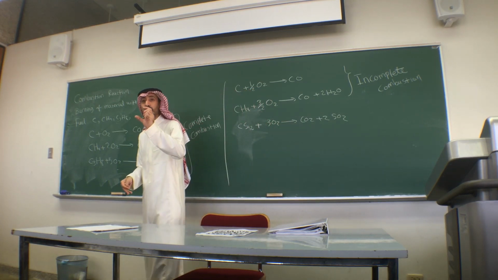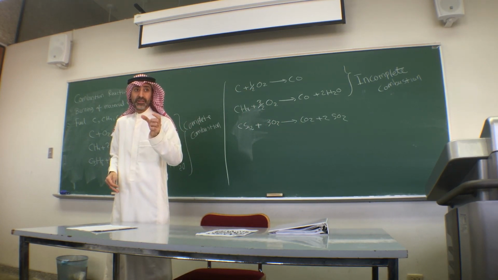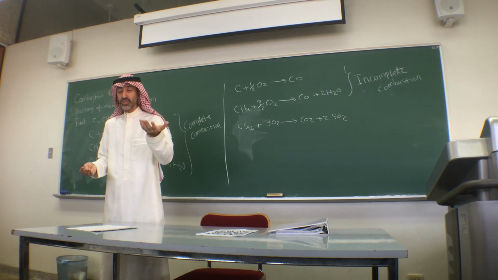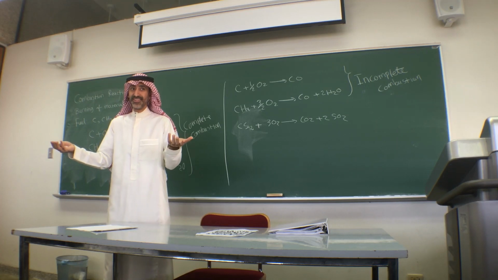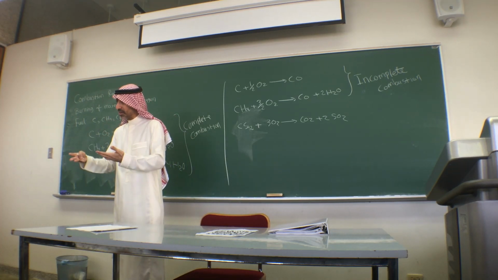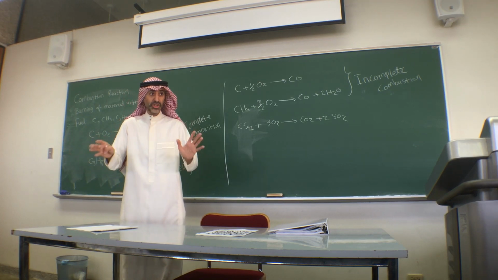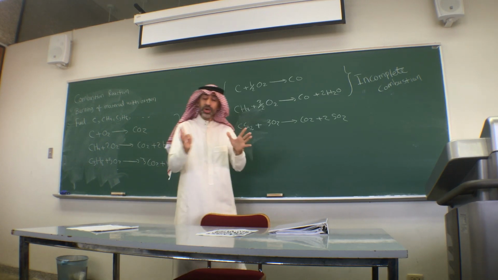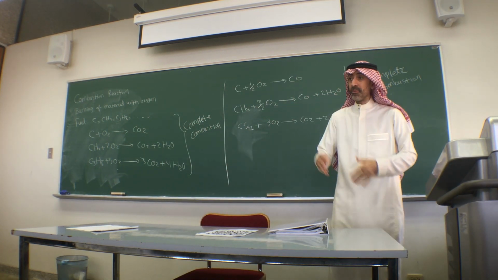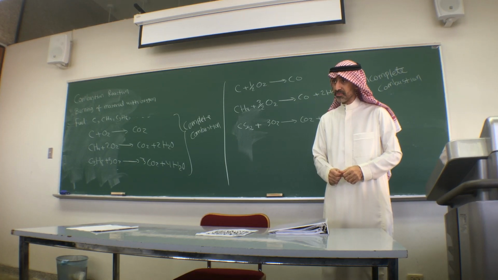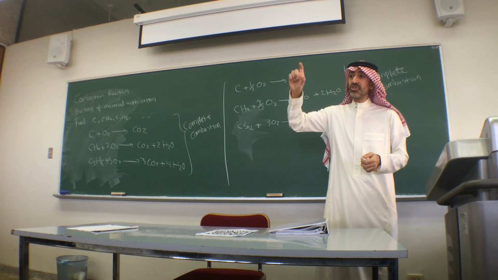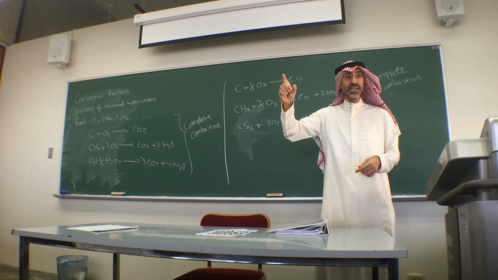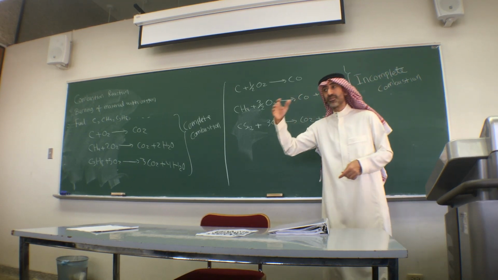So the best for you is to get the complete combustion. I won't give you the choice between complete conversion or complete combustion with 50% conversion. You want the fuel that burns completely. Is that clear, guys? So how can I know that? From the product. Sometimes it will give you part of it combusted completely and part of it incomplete combustion.